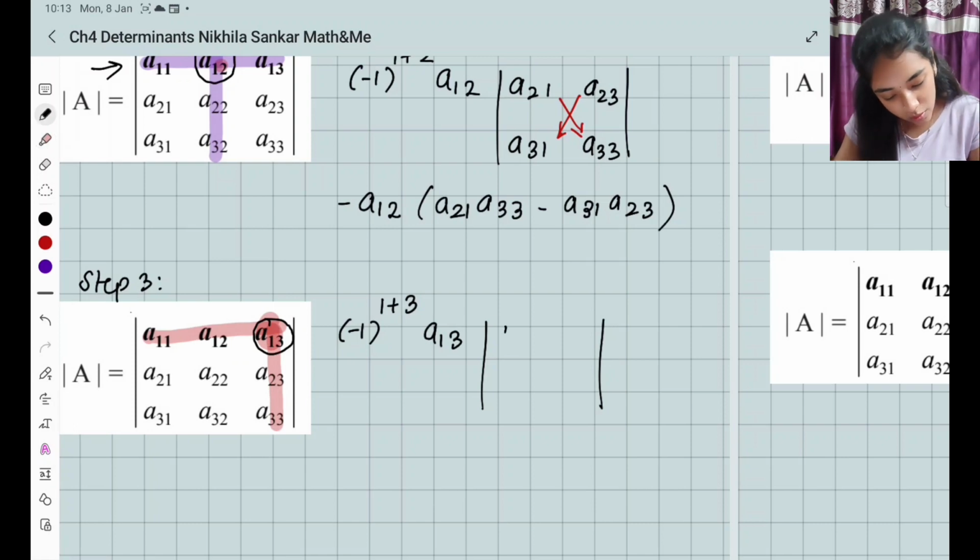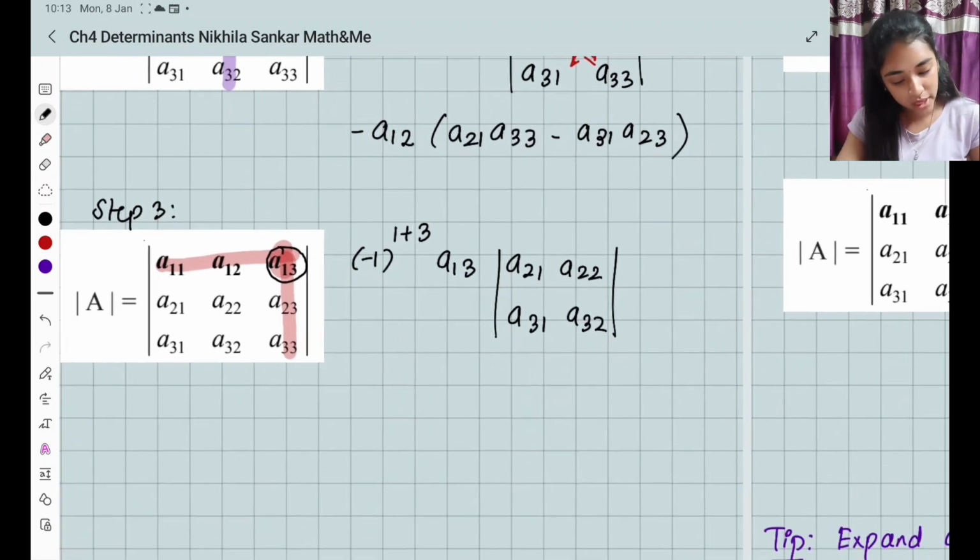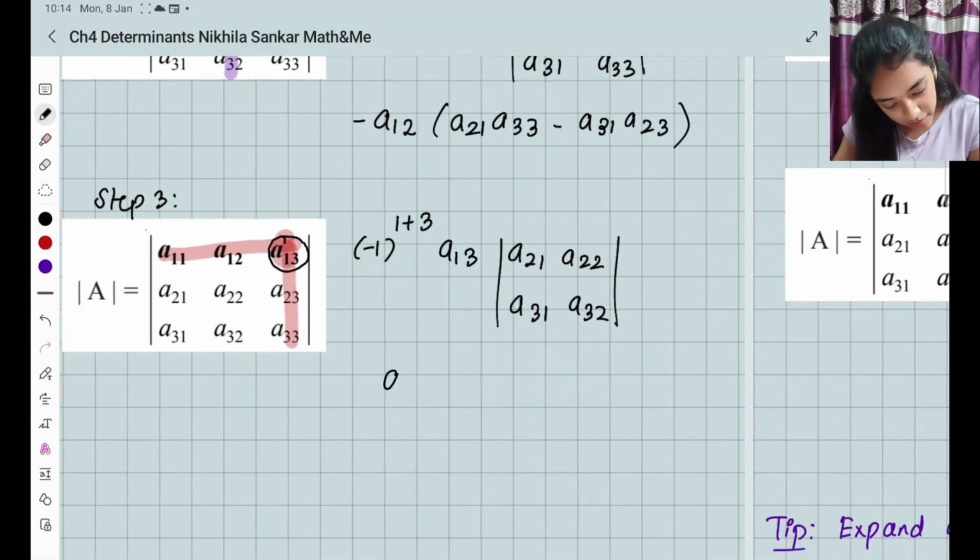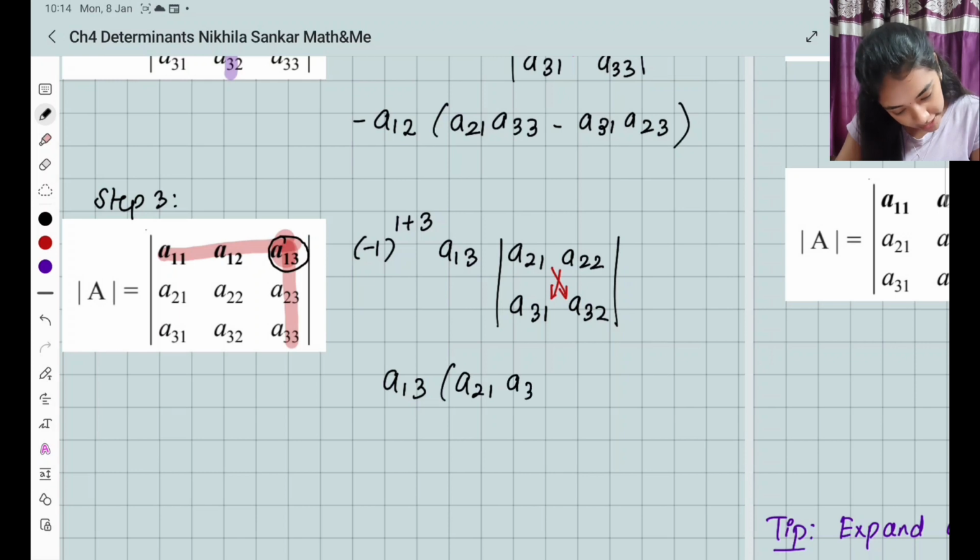What is remaining now? I have a21, a22, a31, a32. Okay, now what is this going to be? Minus 1 power 1 plus 3. So a13 times the determinant of this. So when I cross multiply, a21 a32 minus a31 a22. Okay, so this is step 3.